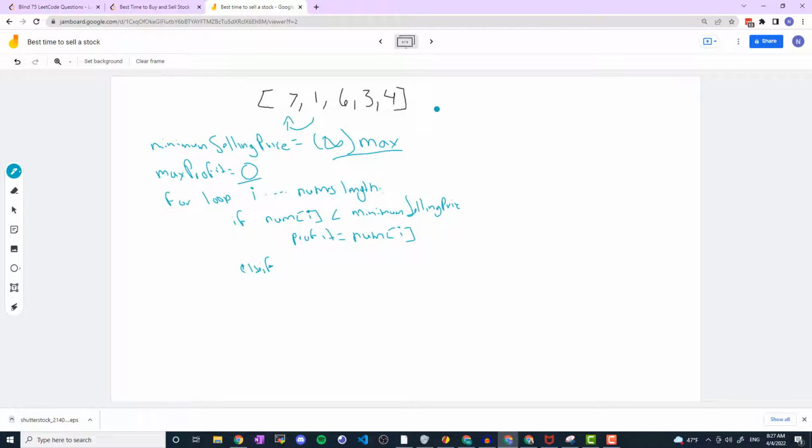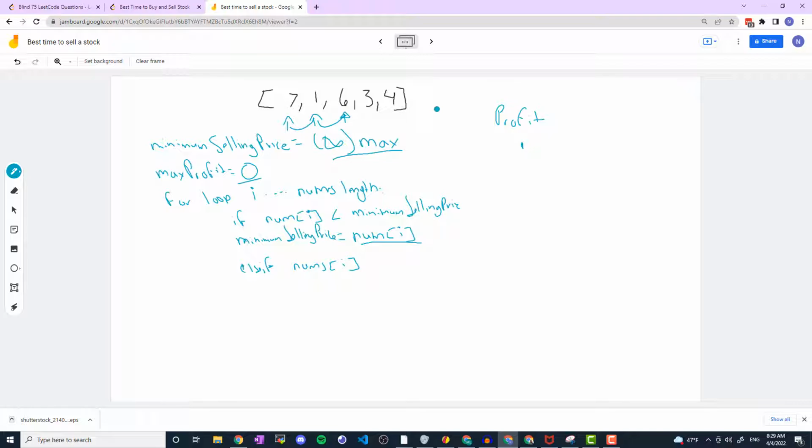This pointer has moved here. Our profit has now value of 1. And let's say that we move here also. So if nums of I, let's see. Actually, I made an error here. We are replacing minimum selling price. So let's delete this.